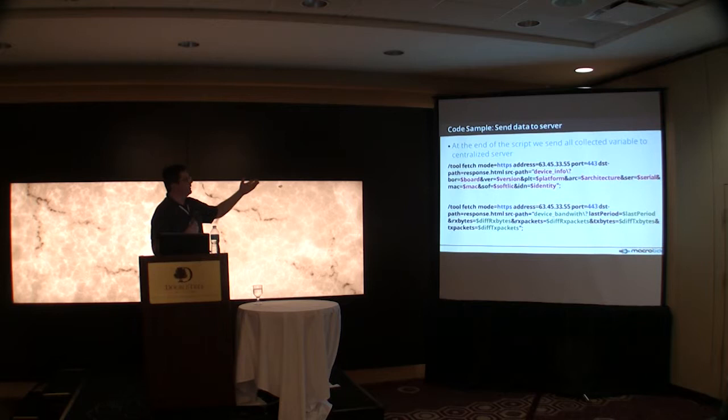In this case, the first one we're sending to the device info page, and we're submitting the board version and platform information. And the second one, we're getting the statistics of the WAN interfaces. And then the server accumulates analytics from the previous, and then knows if firmware was upgraded, sends notification, or if WAN is overused, etc.